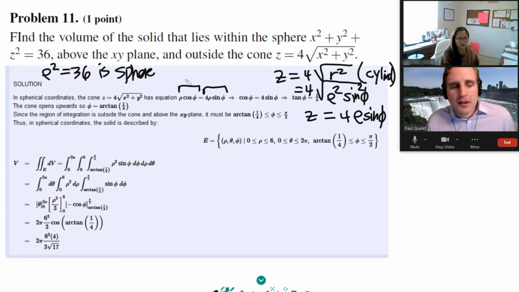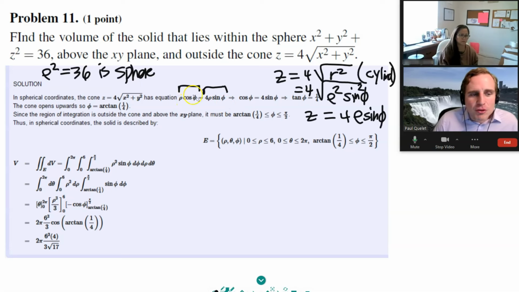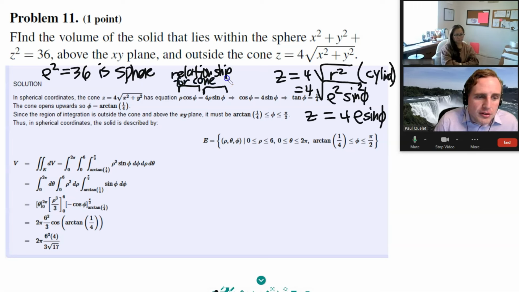And we're going to get rho and theta and phi, right? This is probably the hardest part, because this right here is a relationship for the cone surface. So if it's a relationship for the cone surface, rho cosine phi equals 4 rho sine phi.